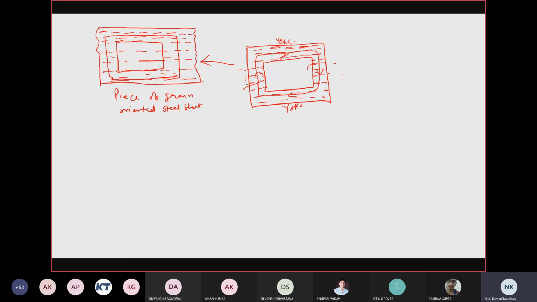That is, grains are already oriented in the direction of flux, but in the vertical limbs, suppose L1 and L2, the flow of flux is perpendicular to the direction of the grains. So what will happen? A large magnetizing force will be required to orient the grains in these two limbs. The orientation of the grains should always be in the direction of the flux.